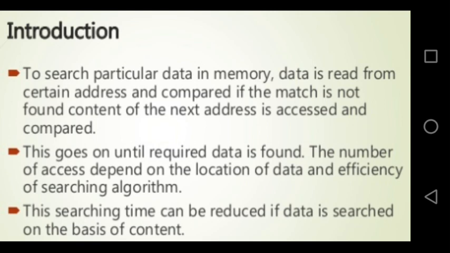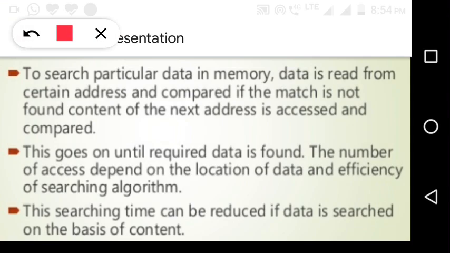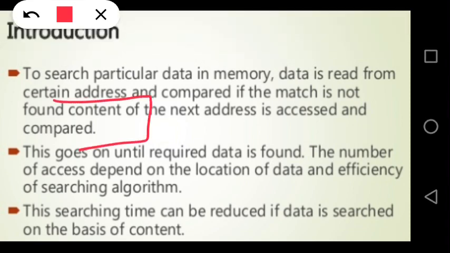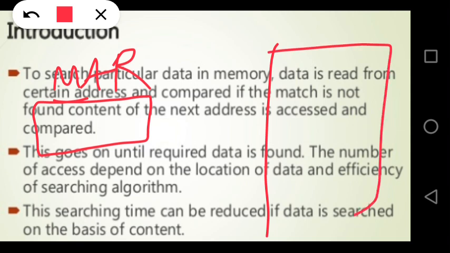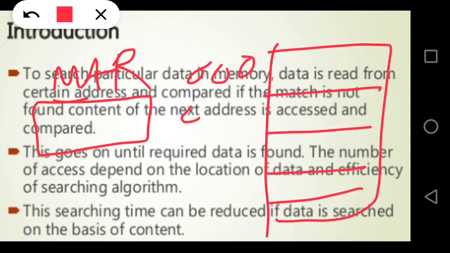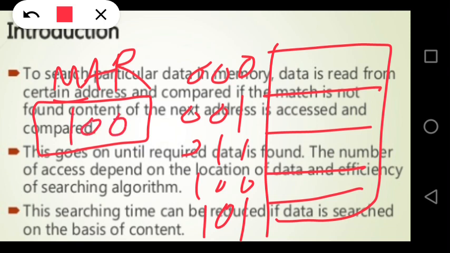This searching time can be reduced if the data is searched on the basis of content. So here, if I have a memory address register and this is the memory that is divided into locations 000, 001, 011, 100, 101, holding 20, 30, 40, 50 and 60.